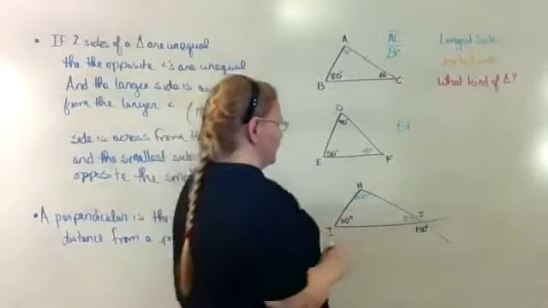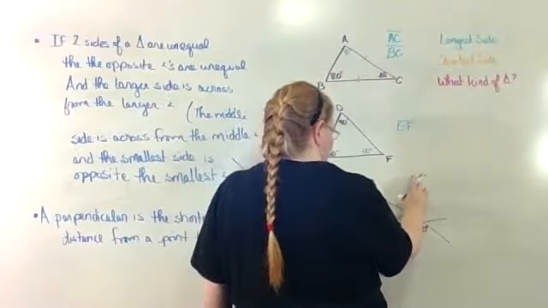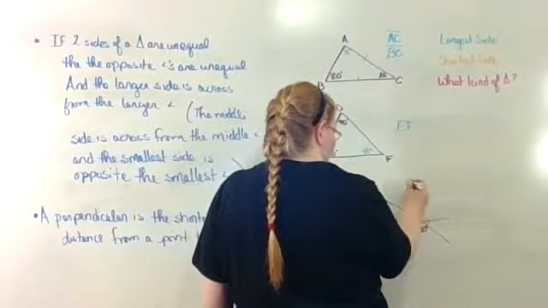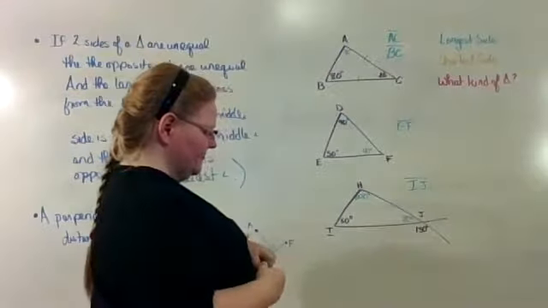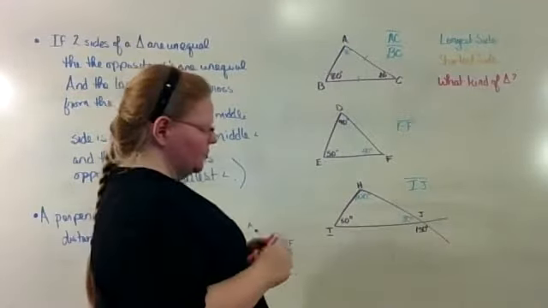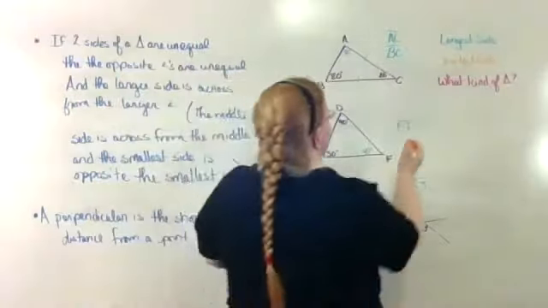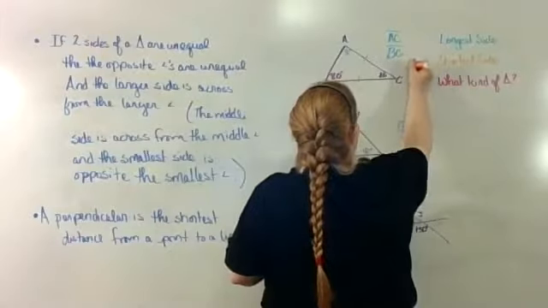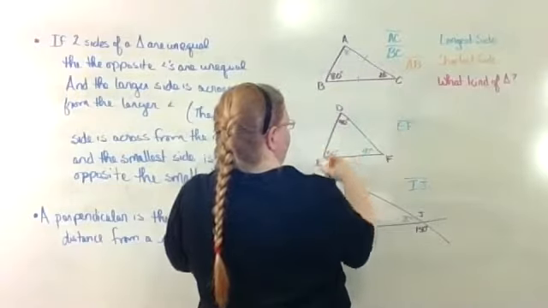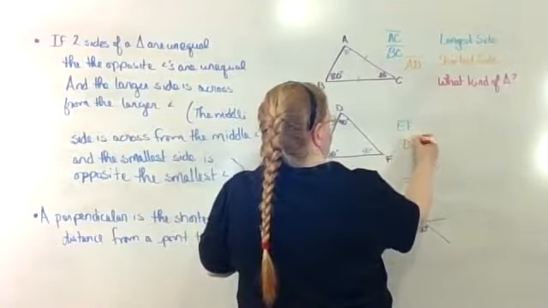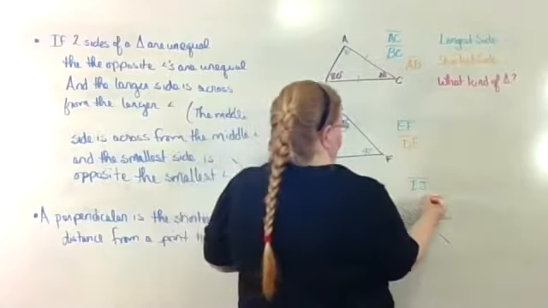And here, my longest side is side IJ. Now I wanted to know shortest side, and that's an orange. Up here, my shortest side is going to be AB. Here, my shortest side is BE. And here, my shortest side is HI.